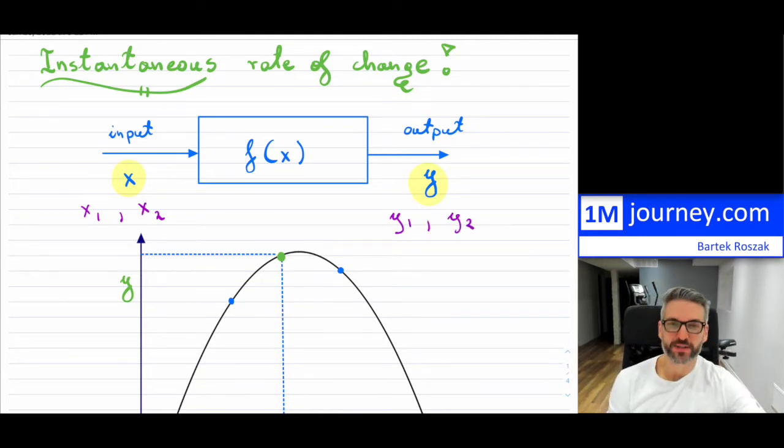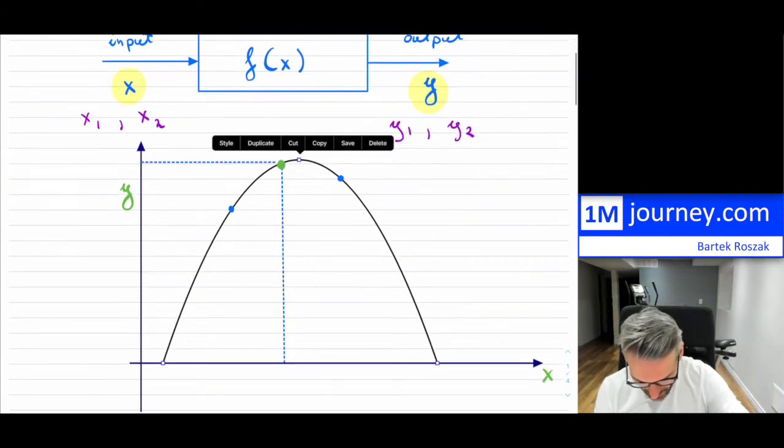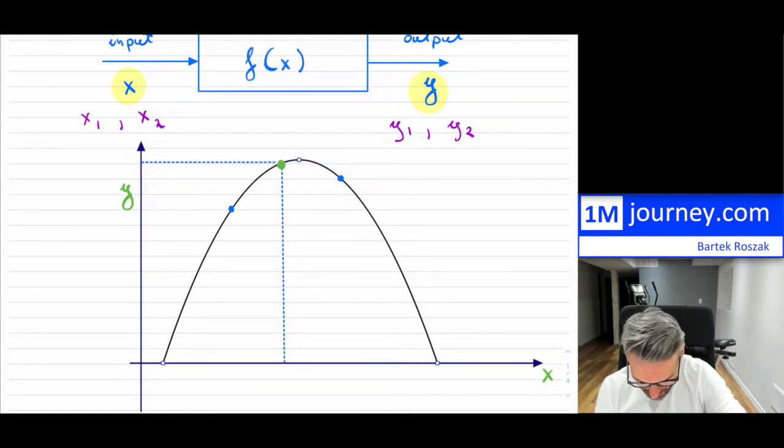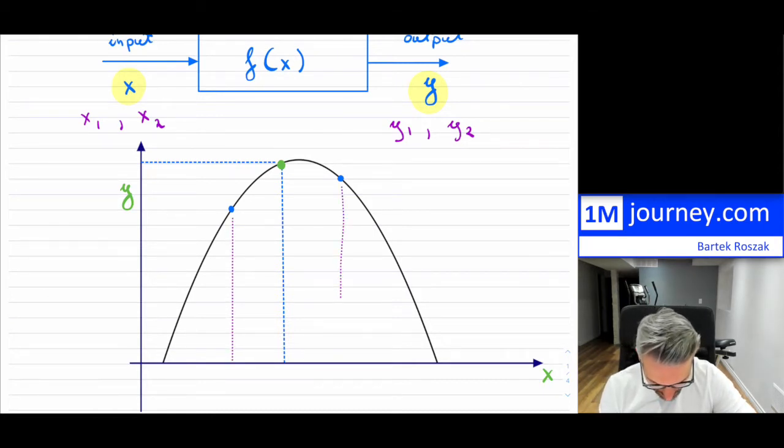What we did was we basically just created a slope out of those, because it's going to give us two ordered pairs. So let's say this is my x1, right here, and then this is my x2 input, and those are the relative outputs.